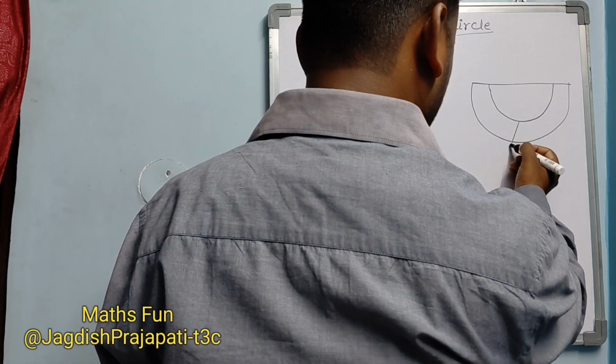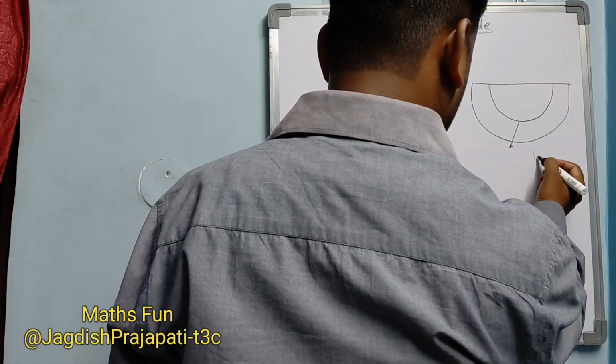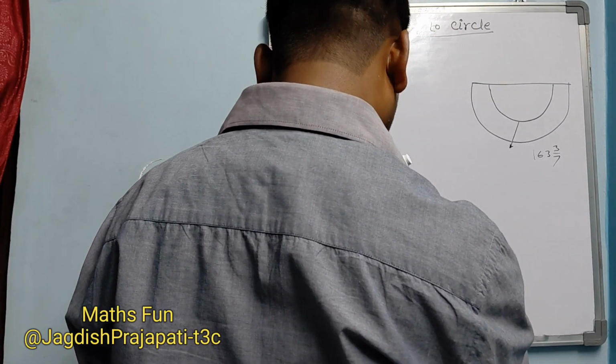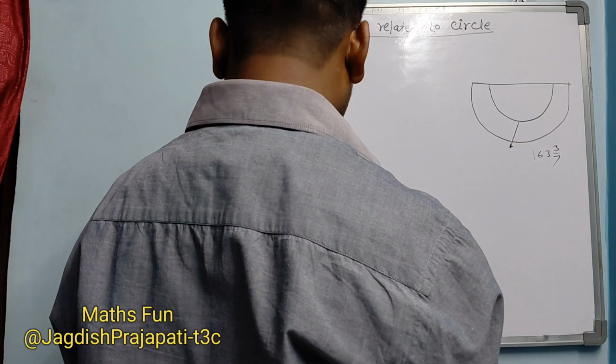So this circumference is given here, 163 3 by 7. Okay.